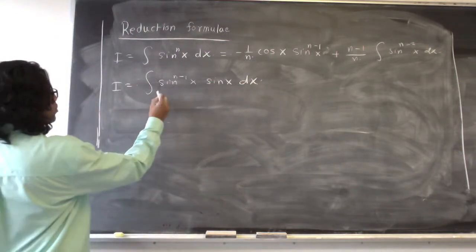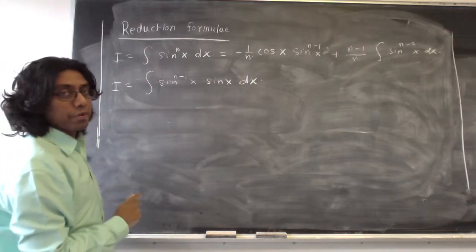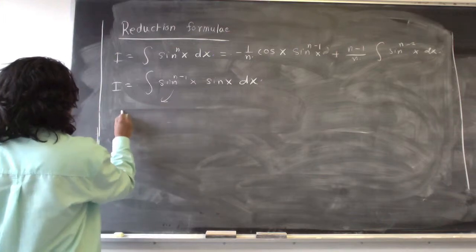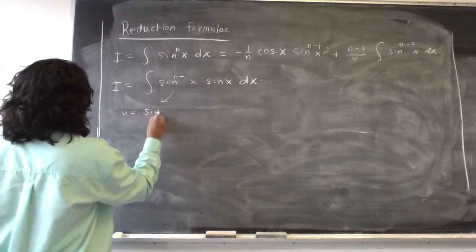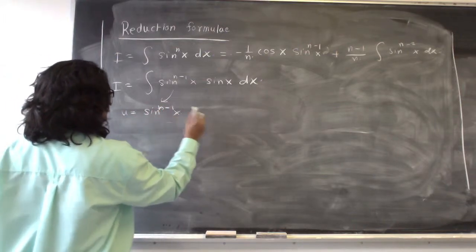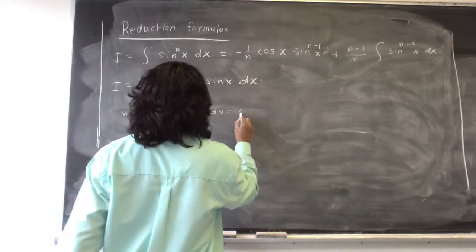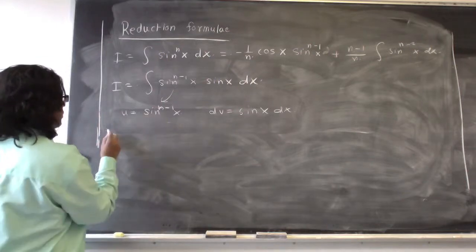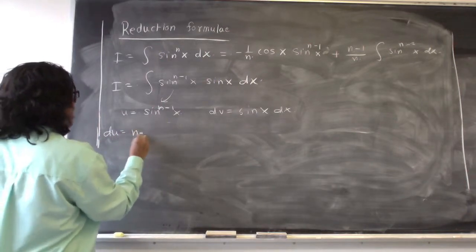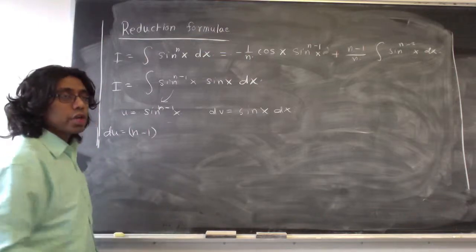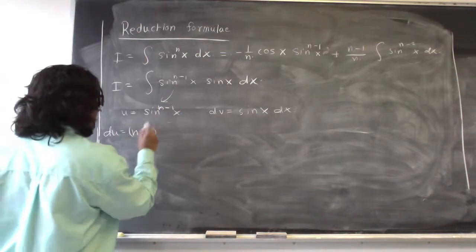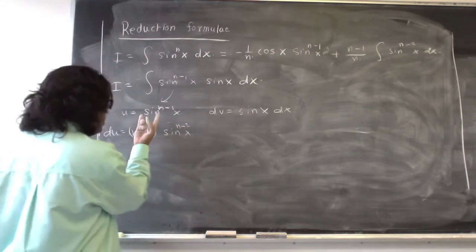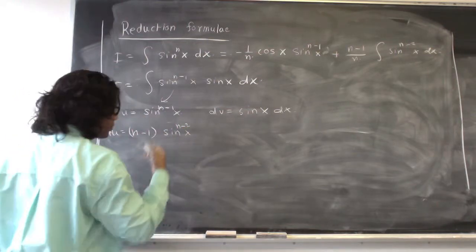Okay, and then you have two trigonometric functions, right? We don't have any rule for that, so you try to put u is sine to the power n minus 1 of x and dv is equal to sine of x dx. If u is equal to this, then du becomes n minus 1 times sine to the power n minus 2 times the derivative of the original function, by the chain rule.